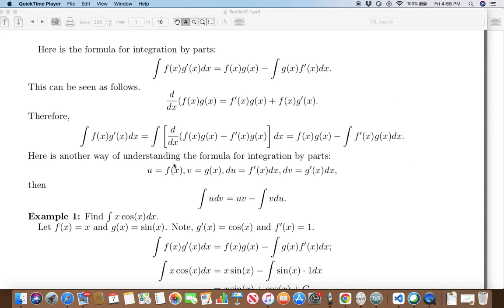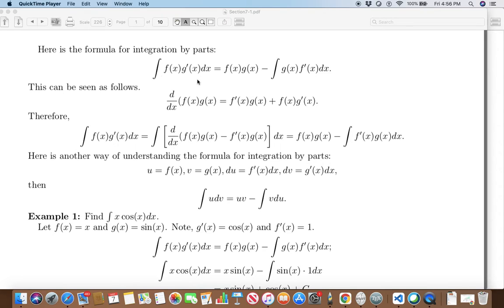Another way of understanding the same formula is to write f(x) as u, g(x) as v, then f prime dx is du, and g prime dx is dv.